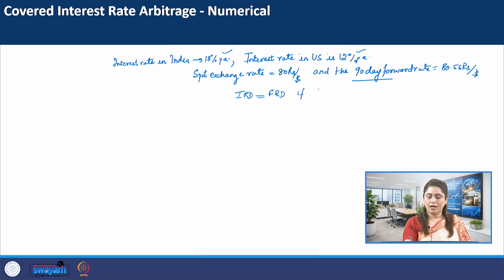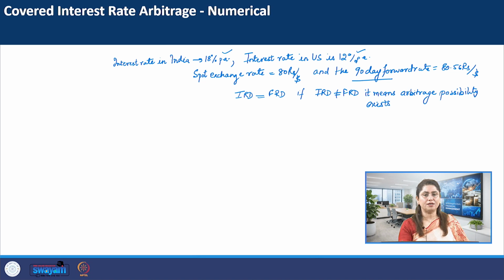If the interest rate differential is not equal to the forward rate differential, it means that an arbitrage possibility exists. So, how are we going to do it? We know (1 + RD) / (1 + RF) - 1.